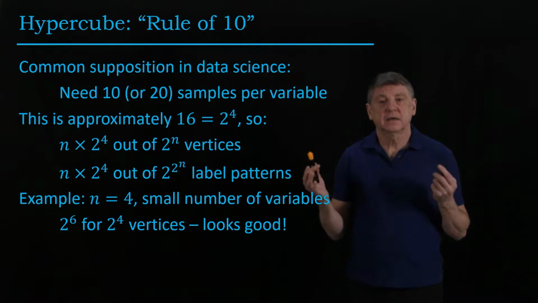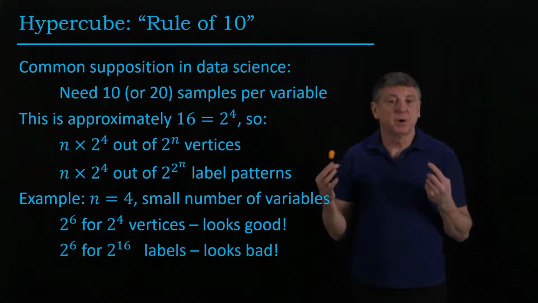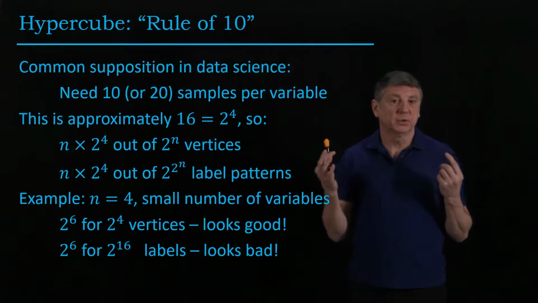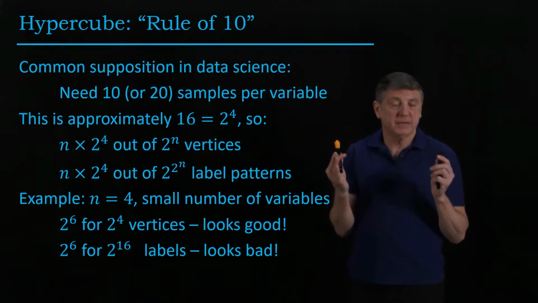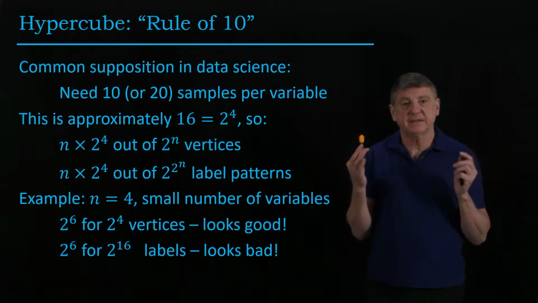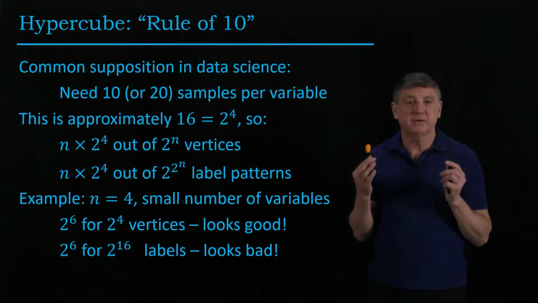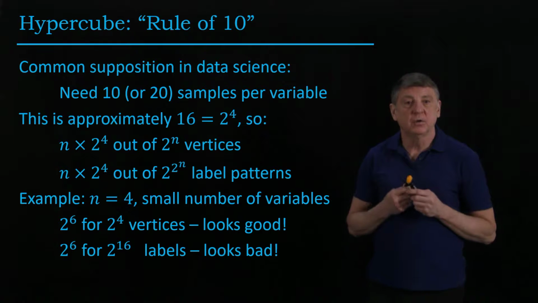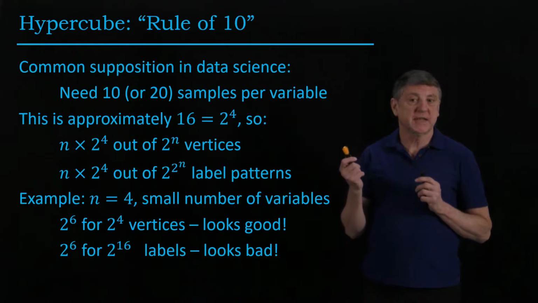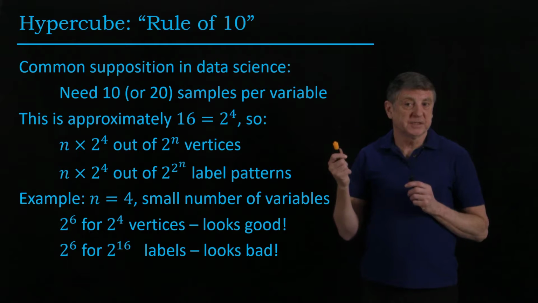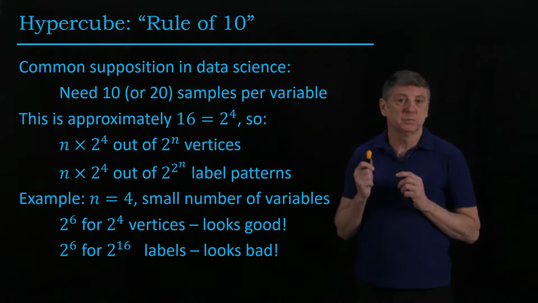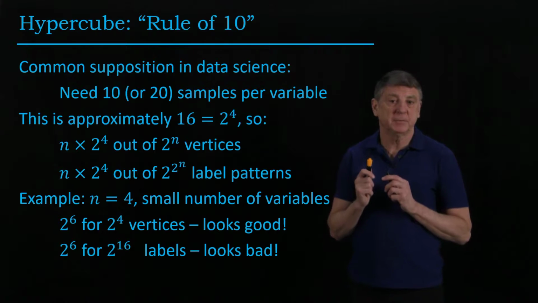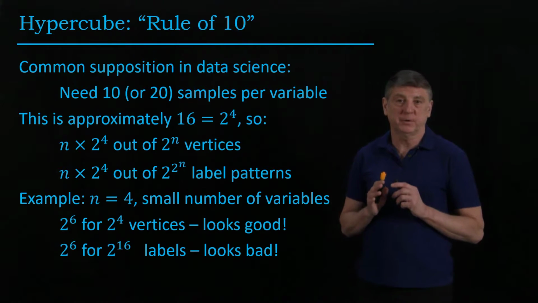On the other hand, suppose we're looking for labels, and we're trying to figure out what are the labels, and that's the problem that we face in clustering or in binary classification. So now we have 2 to the 6th data, and we have 2 to the 16th possible ways that those data could be labeled. This does not look very good.